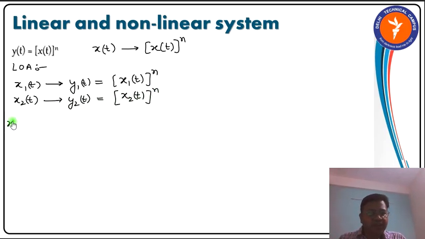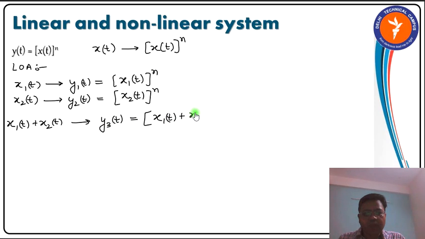Now if I excite the system with x1(t) plus x2(t), and let me say I am getting y3 as the output, then as per this the output will be (x1(t) plus x2(t)) raised to the power n.